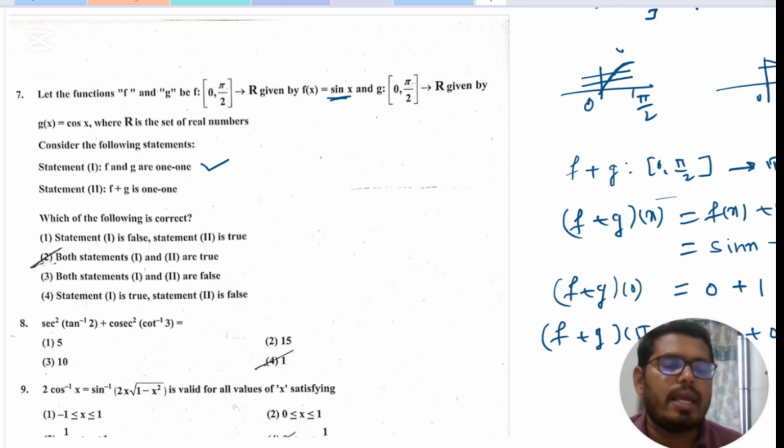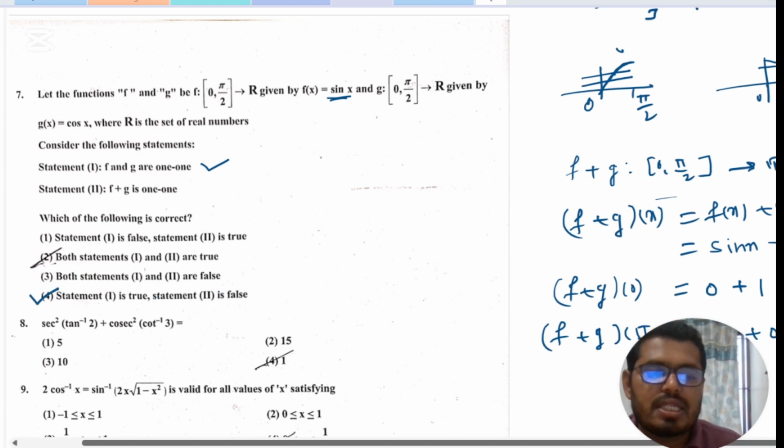Therefore f plus g of 0 is also 1, f plus g of pi by 2 is also 1. This implies that it is not 1-1. So it is not a 1-1 function. Therefore the second statement is false. This means the first statement is true, statement 2 is false. Option number 4 is correct.